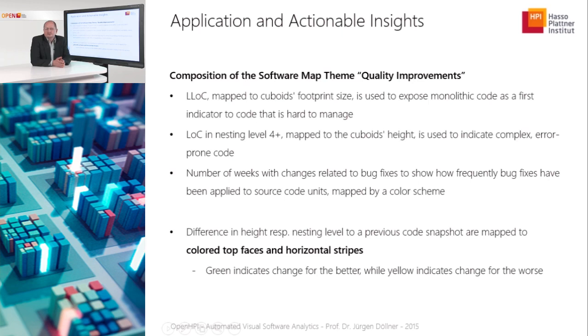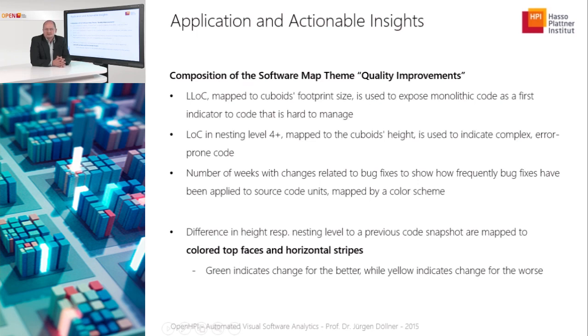In the nesting level 4+, the lines of code are used and mapped to the cuboid's height to indicate complex, potentially error-prone code. The number of weeks with changes throughout the observation time related to bug fixes is used to show how frequently bug fixes have been applied to source code units, and it's mapped by a color schema.